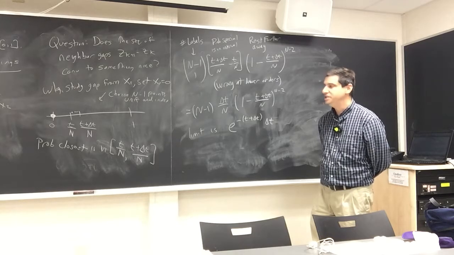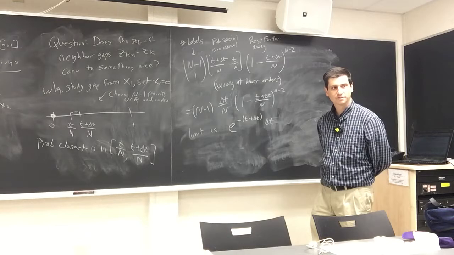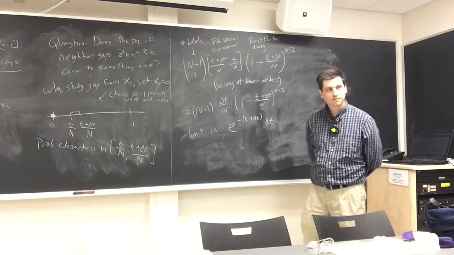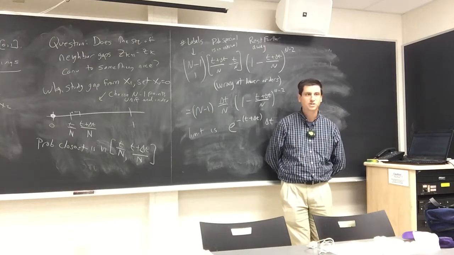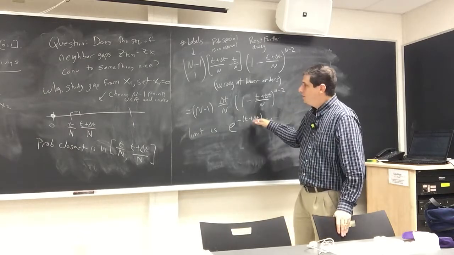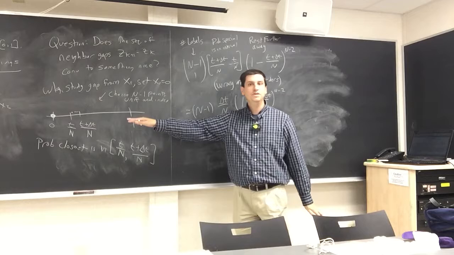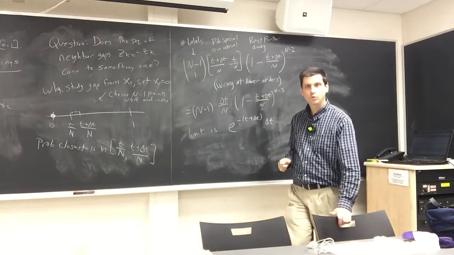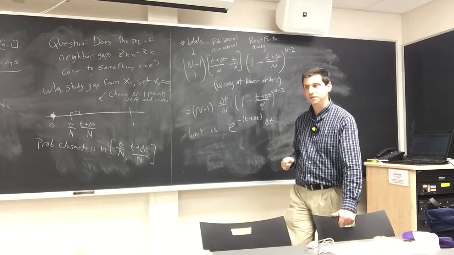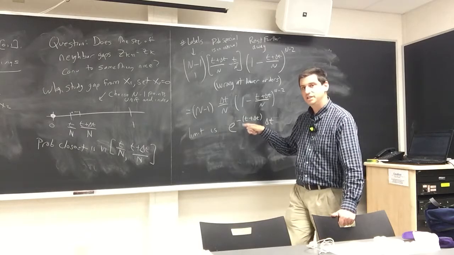Now, as we send delta t to 0, what do we get? We get 0. So what we need to do is, this is the probability of being in the interval. If we want to find the probability density, we should really be dividing this by delta t. So this is the probability that we're in this interval.